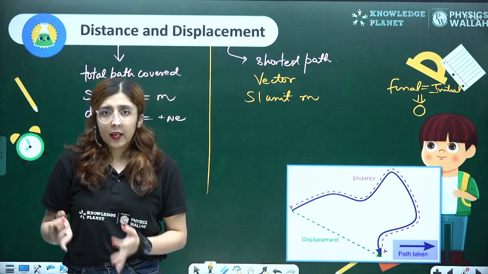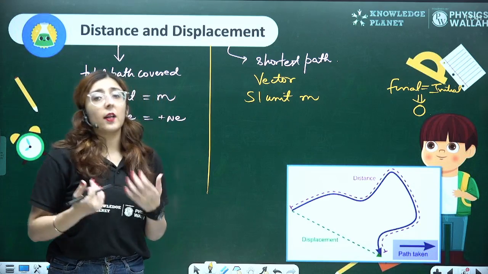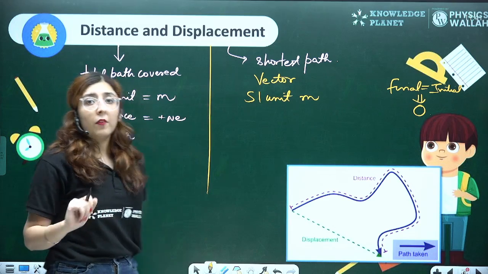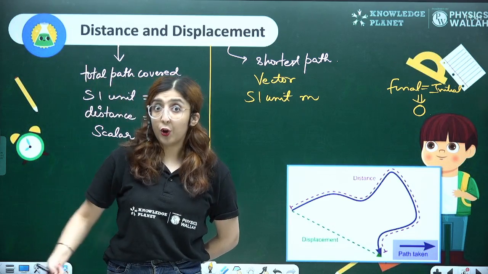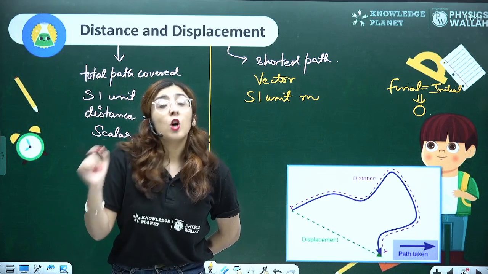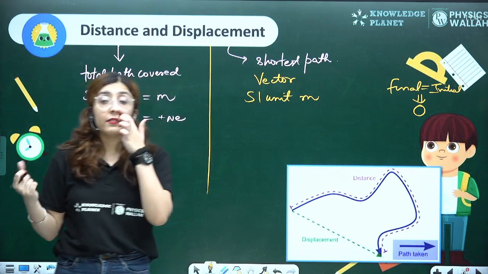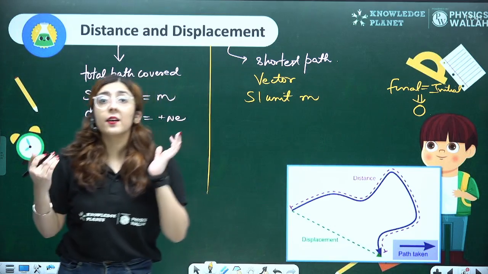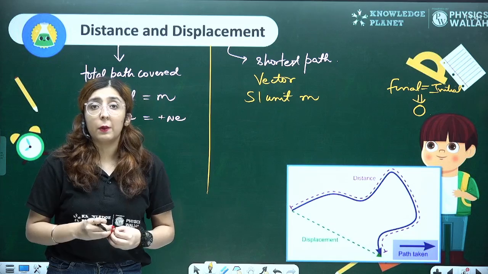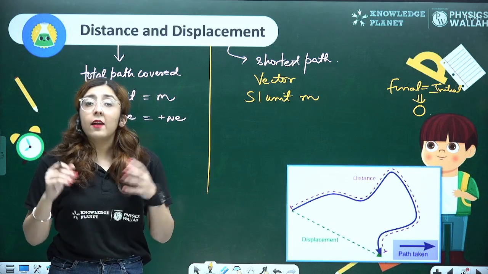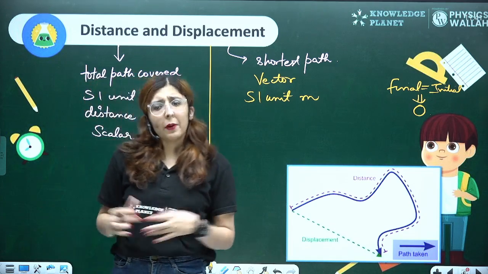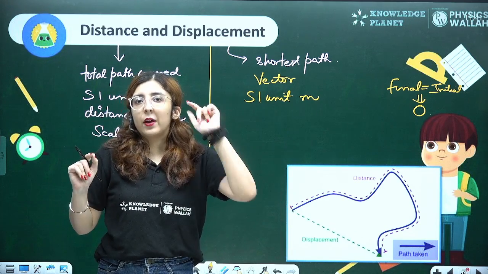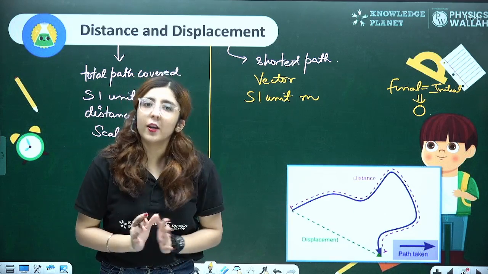Although we don't usually do that, it is better that we make this a practice from the start. Now, displacement can be positive and negative, and certainly displacement can also be 0, when the final and initial position are the same. And when you talk about displacement, you need to see the shortest path. If the shortest path is not given to you, draw a straight line between the initial and the final position. You will get your displacement.